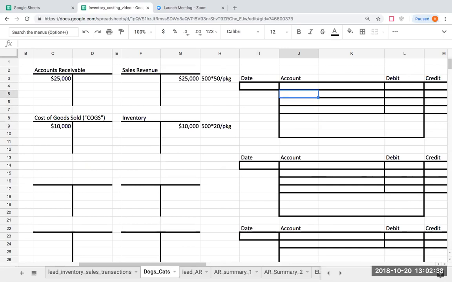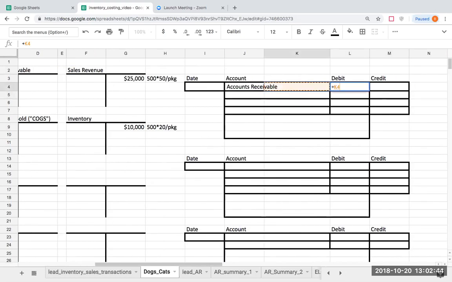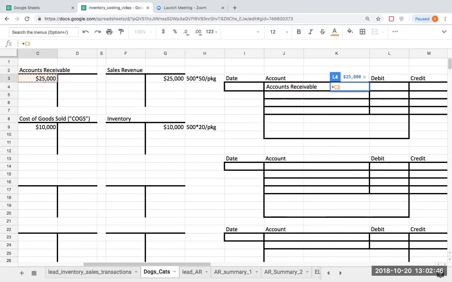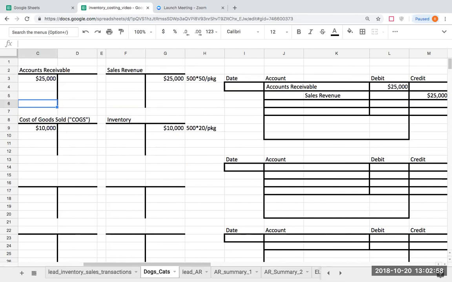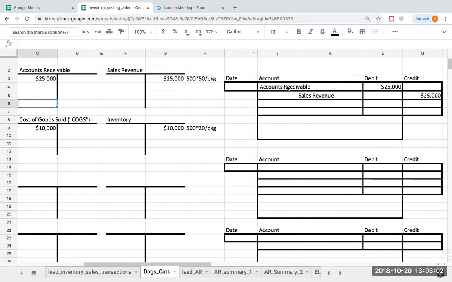Now, when it comes to the journal entry, if I have done my work correctly, I have accounts receivable with a debit of $25,000, and sales revenue with a credit of $25,000. Notice very carefully that I am indenting the descriptions: debiting accounts receivable, crediting sales revenue.